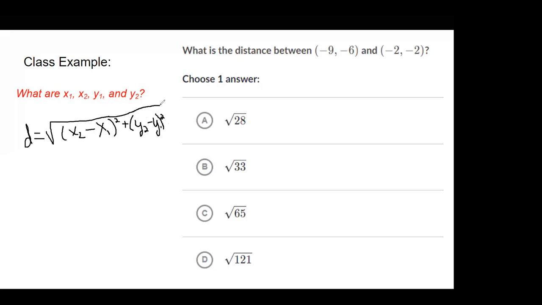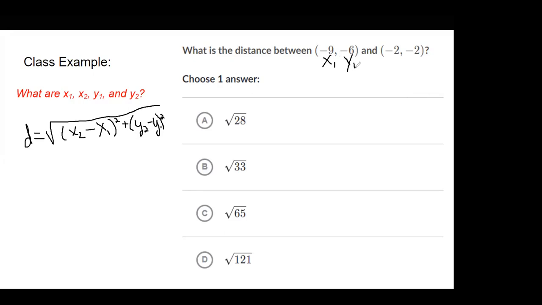So what do you think x1, x2, y2, y1 are? Well, up here, right? Yeah, x1 is -9. Perfect. -6. The coordinates are x and then y.